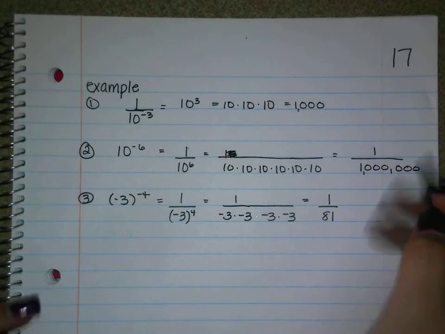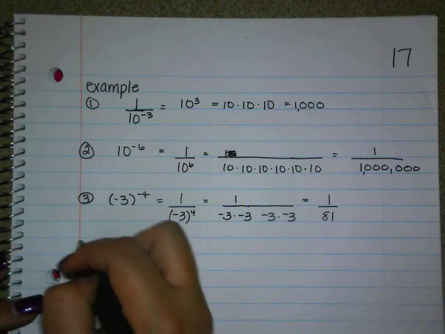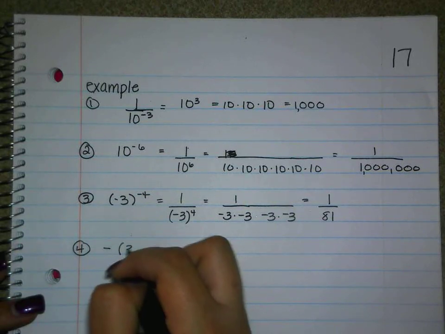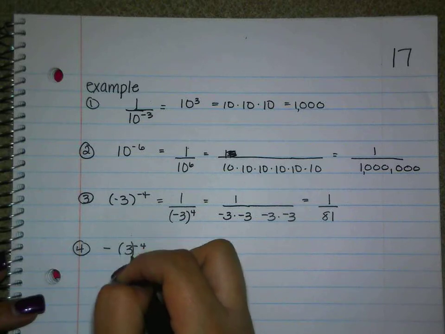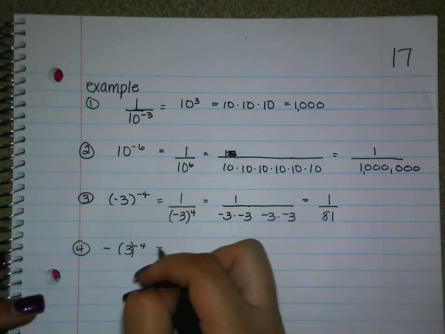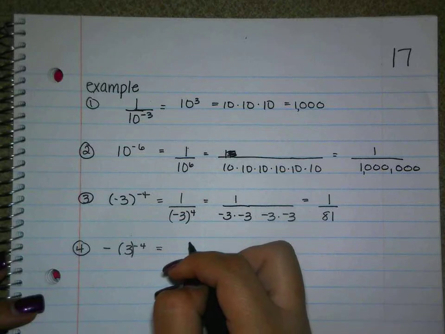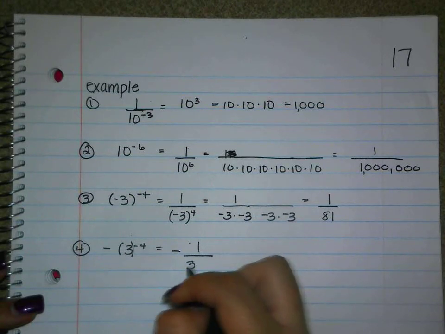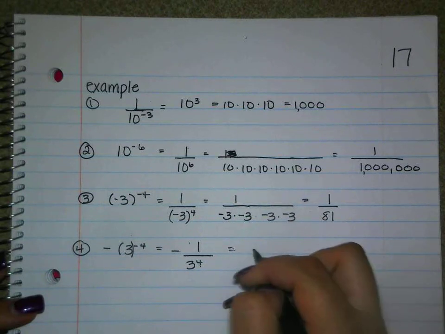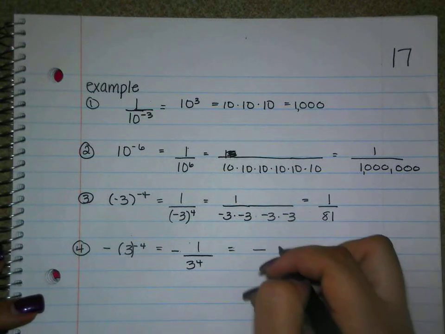Okay, on the other hand, what would happen if you had -3 to the negative fourth power, without the parentheses, like this? That would then become -1 over 3 to the fourth power, which becomes negative, and we already knew that was an 81, right? -1 over 81.